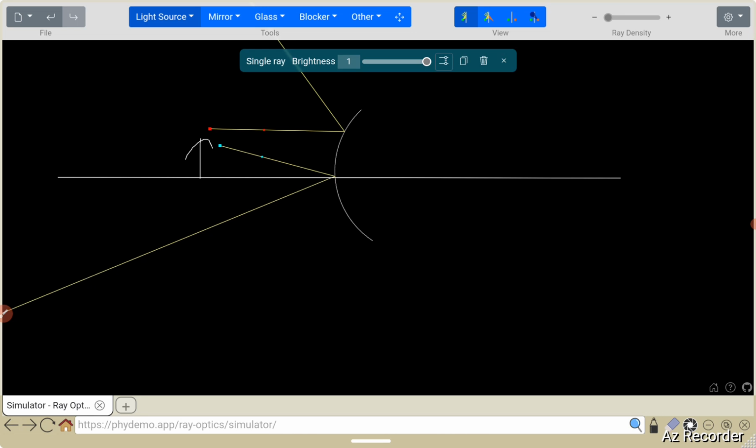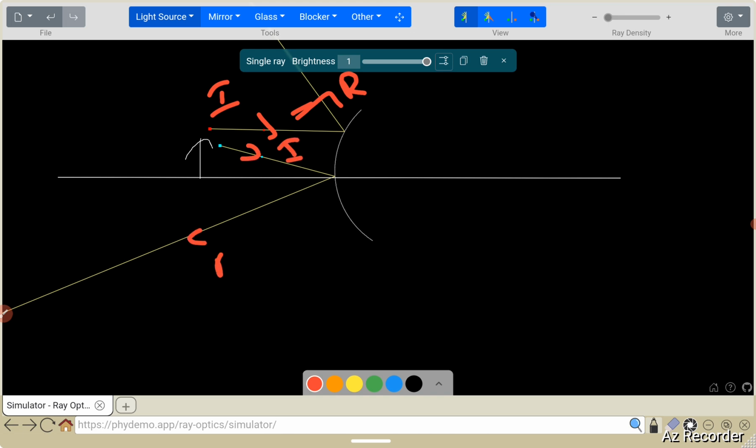Okay. Now, will they meet in reality? See here. This is the incident ray and this is the reflected ray, and this is the incident ray and this is the reflected ray. This reflected ray is in this direction and this reflected ray is in this direction. They don't meet in reality. So what we have to do? We have to extend them behind the mirror.